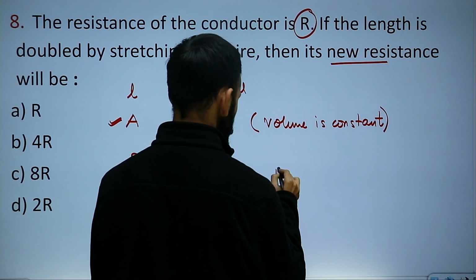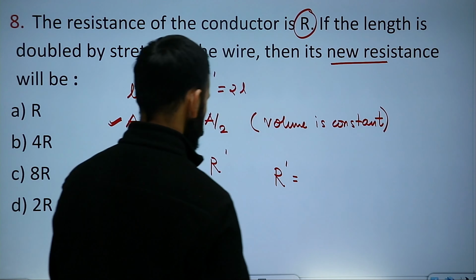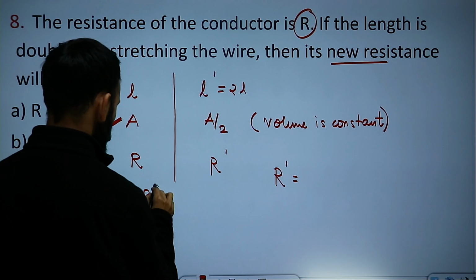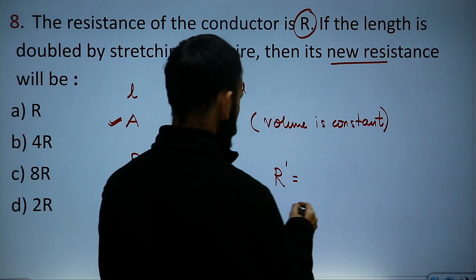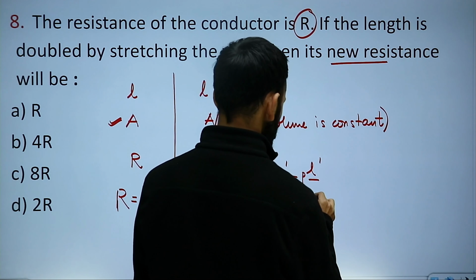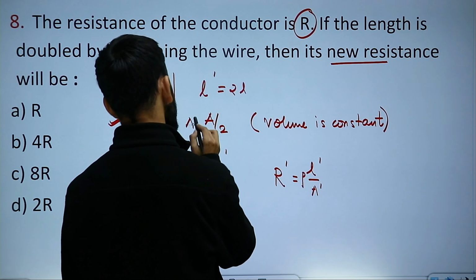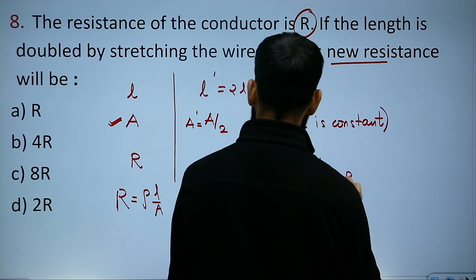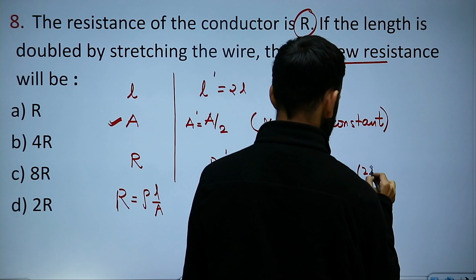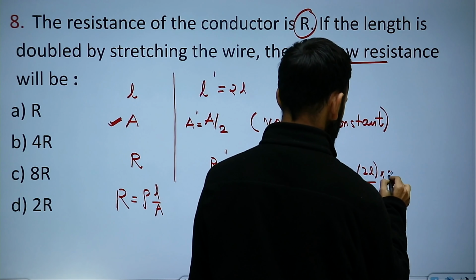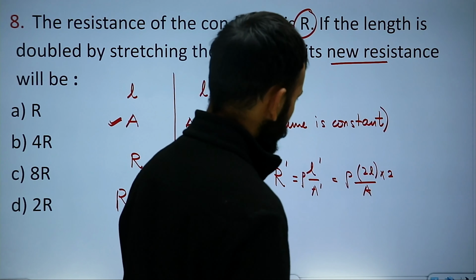So we have to find out R dash. Here R can be written as, since wire is same, so resistivity will be same, rho L by A, and this R dash will become rho, resistivity same, L dash, and A dash, which is A by 2. So L dash is 2 times of L and A dash is A by 2, so 2 will be multiplied above.